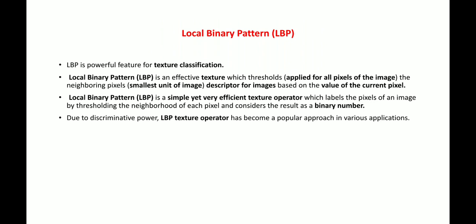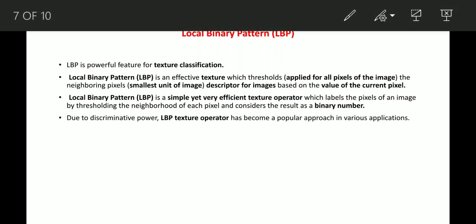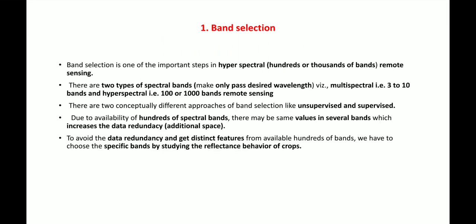in various applications. Next one we can see the band selection. The band is specifically related to the spectral bands, which are different wavelengths, the spectral features, which will be studied accordingly for the crop classification. In the band selection there are two important types, that is hyperspectral bands and multispectral bands.